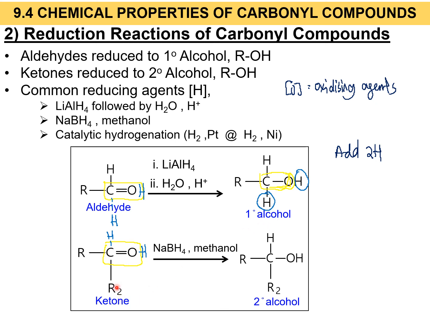Okay, kalau ketone, dia react with any of these common reducing agents. In this case, dia gunakan NaBH4 in the presence of methanol. So you can see daripada C double bond O, dia jadi C single bond O. And also at this carbon atom, dia add hydrogen. And at this oxygen atom, dia pun add another hydrogen atom. So that's why I told you, dia add 2 hydrogen at the carbon and oxygen.